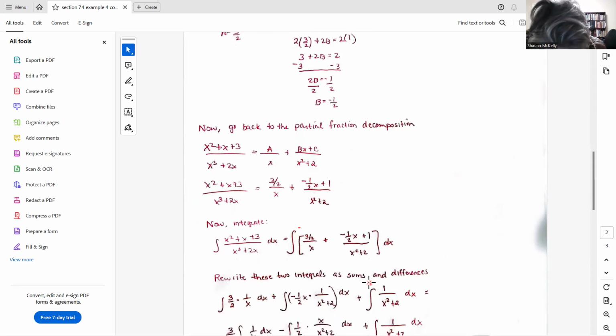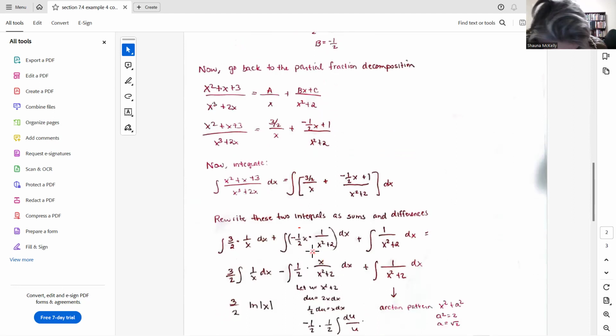From here, it just gets to be a lot of algebraic manipulation initially before we do some calculus. I mean, we've already done a lot of algebra, but we're going to do a little more algebraic manipulation before we do some calculus. So we have this is 3/2 divided by x.